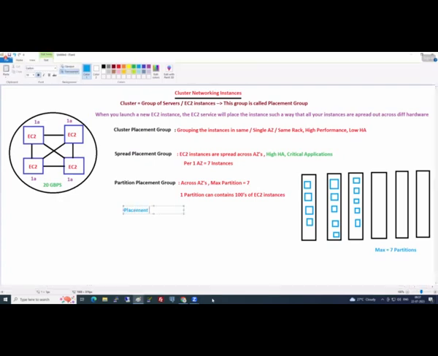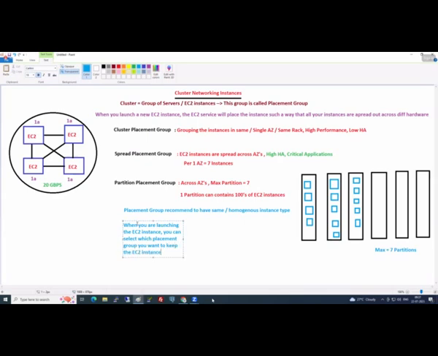So a placement group is recommended to have the same, or in certification language, homogeneous instance type. When you are launching the EC2 instance, you can select which placement group you want to keep the EC2 instance in.